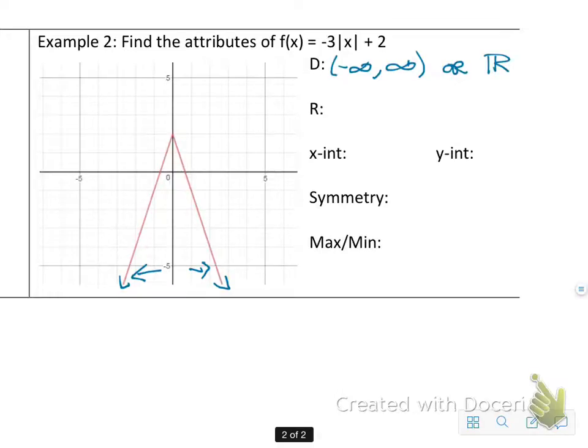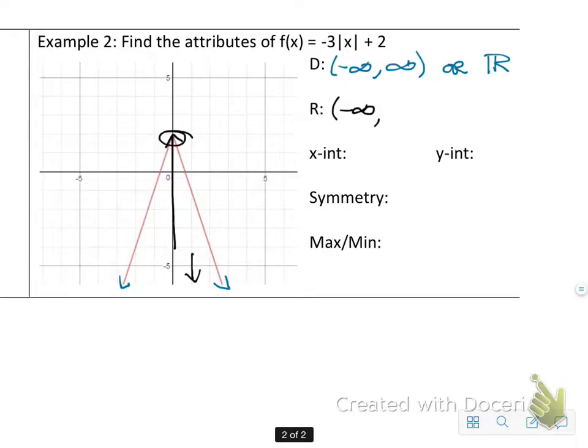Our range. Remember, we go from what to what for range? We go from bottom to top, which means that if you're starting at the bottom, does it ever stop going to the bottom? No. So we actually go from negative infinity to the top. Now our top this time stops right there.